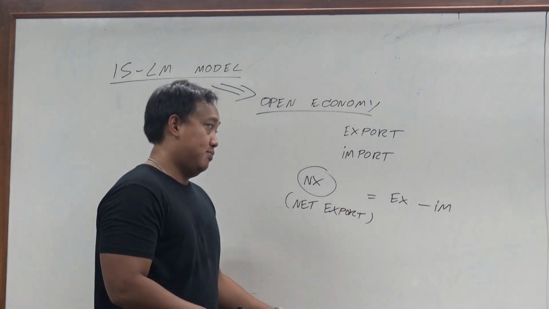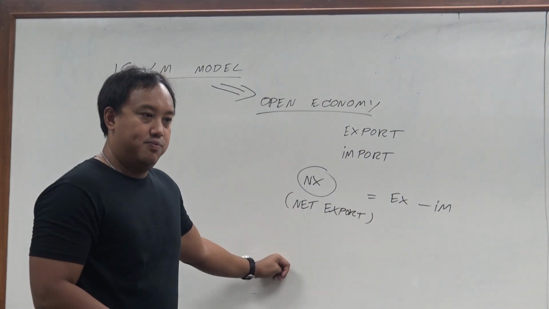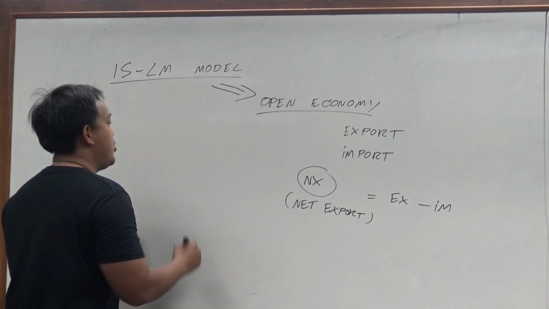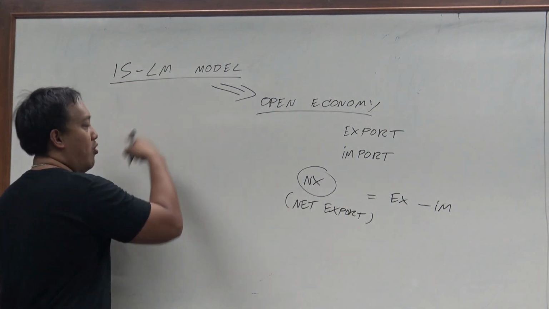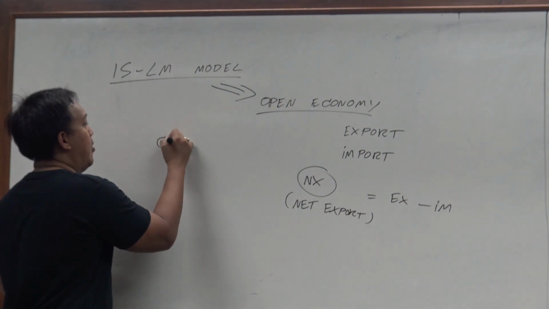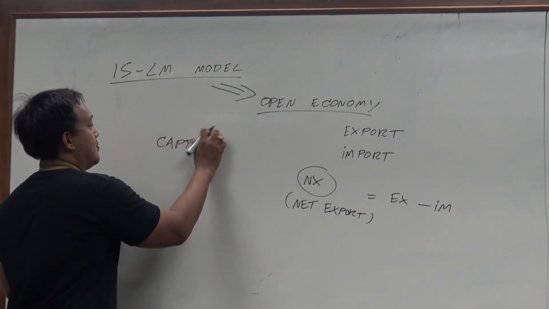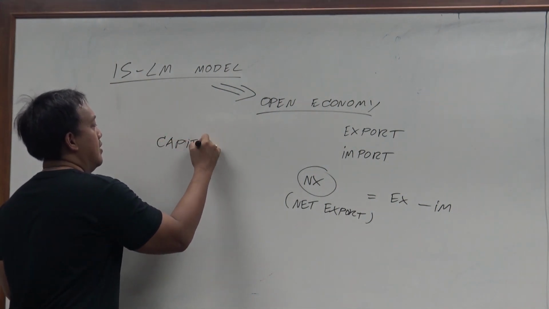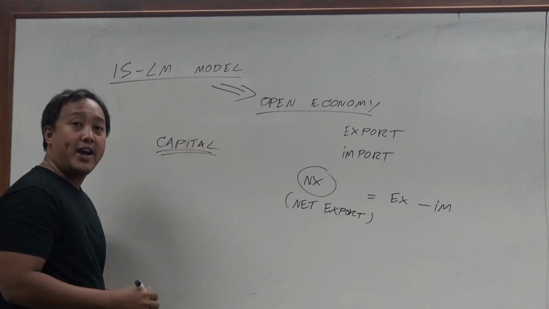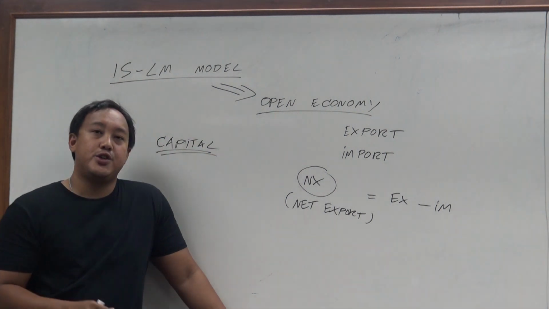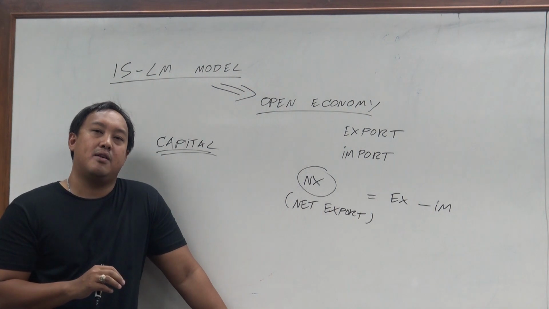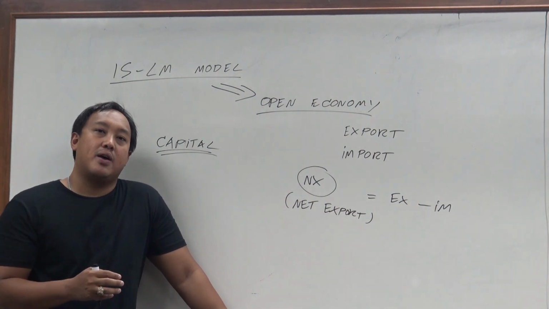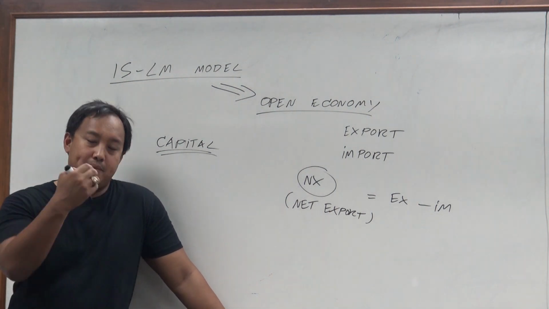Not only this, we also try to capture the capital that moves around the world in the model. For an open country, we can move money in and move money out.